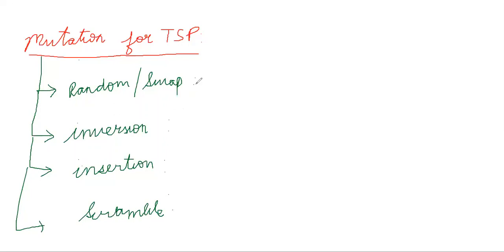So coming to the first operator, I will consider my parent, which we were considering yesterday. Since it is a mutation operator, we require a single individual only. So let's say this is what I'm having, parent or offspring, whatever.